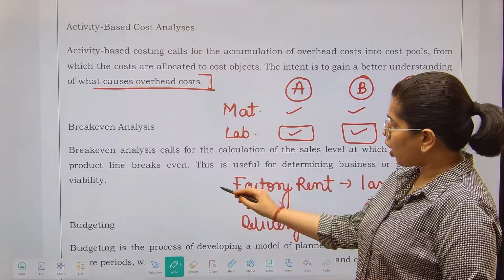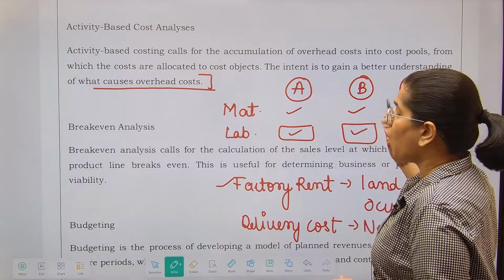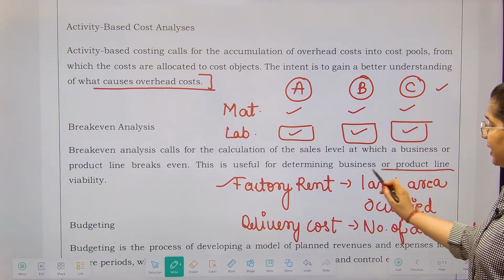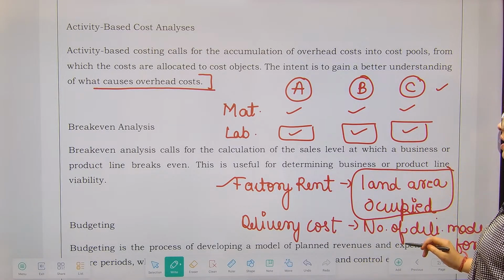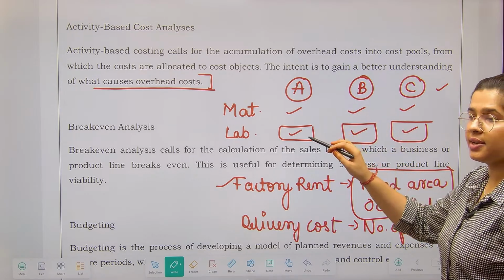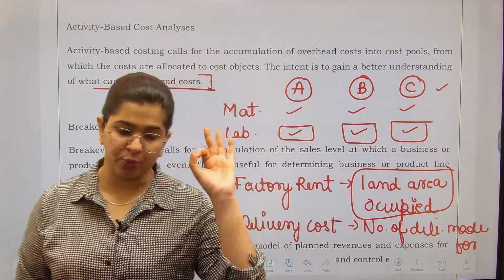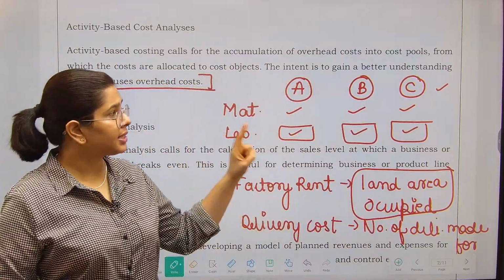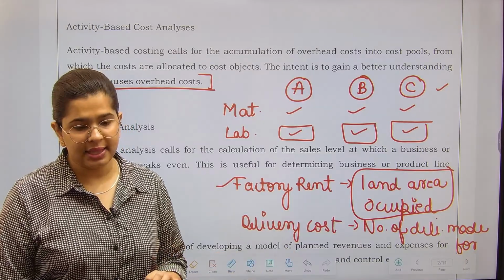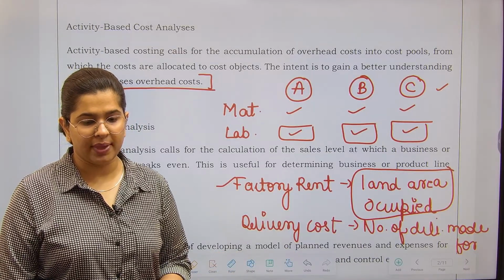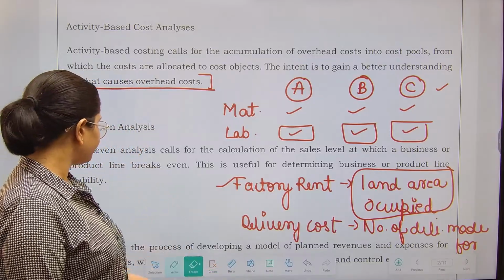That means cost will be allocated to the products on the basis of the activity that is generating this cost. See, if product A is involving more deliveries, then more cost will be allocated to product A. If product C is involving a lesser number of deliveries, then less delivery cost will be allocated to product C. ठीक है, ऐसा होता है.